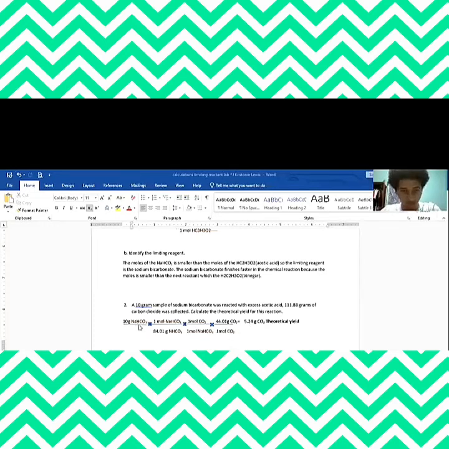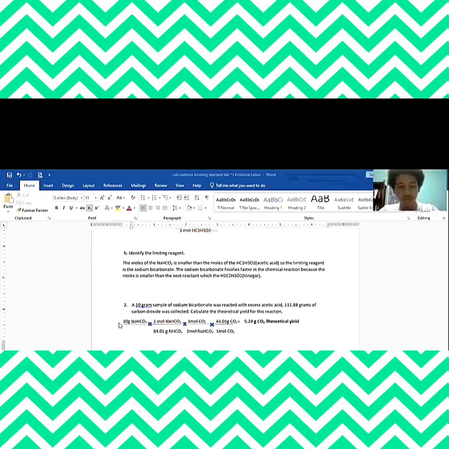So the grams of sodium bicarbonate cancel out, the moles of sodium bicarbonate cancel out, and in this dimensional analysis we need to put the units that we want to cancel out across from each other. And then the moles of CO2 cancel out.